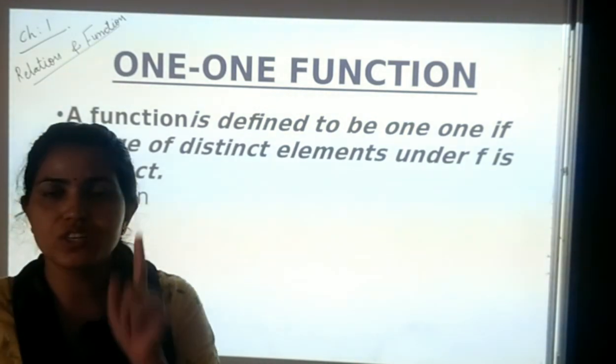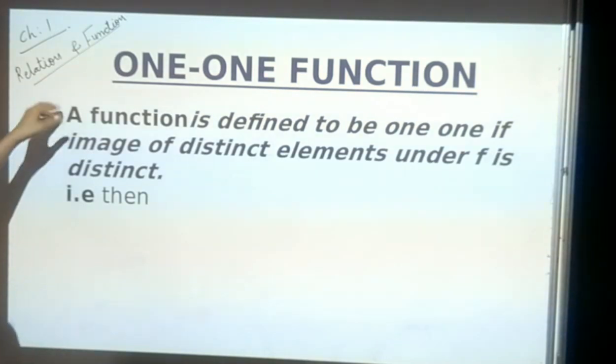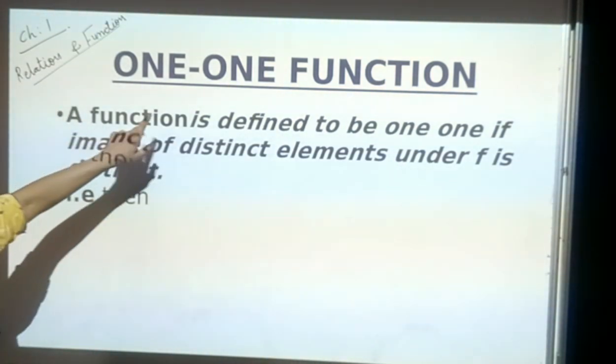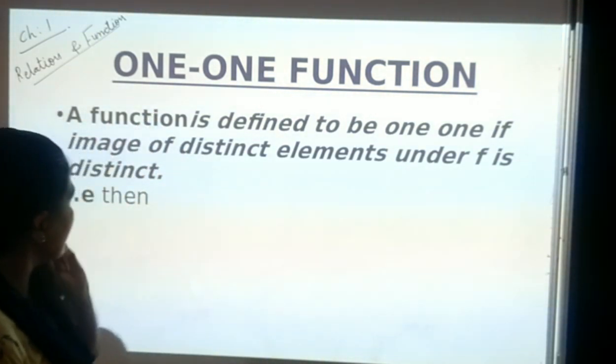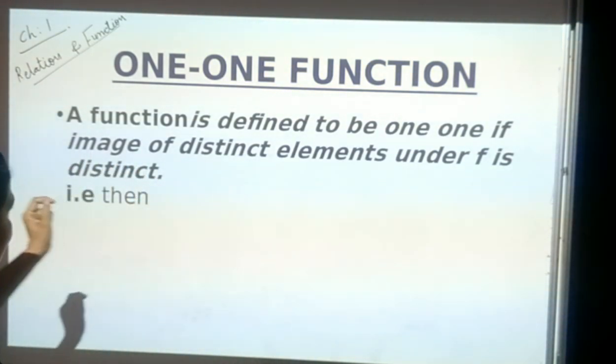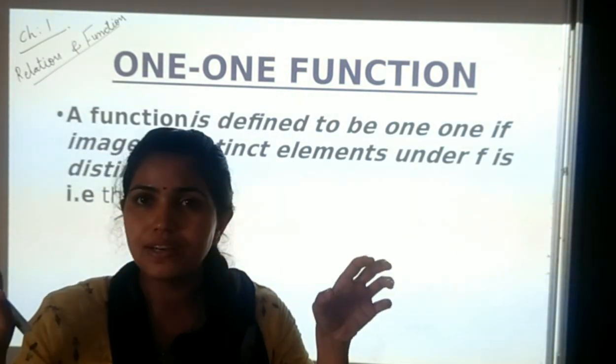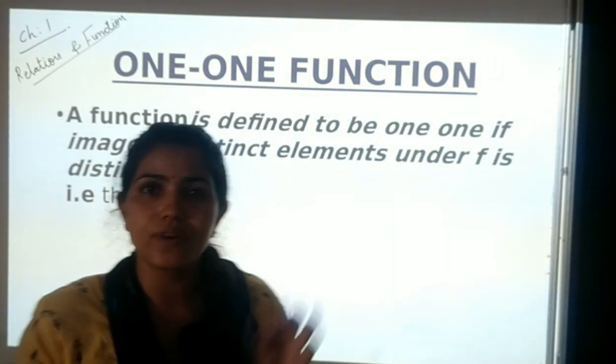So the type of the function, that is the first one, that is a one-one function. Now look here, the definition says that a function is defined to be one-one if the images of distinct elements under f are distinct. That means if we take two different elements, then the values must be different.